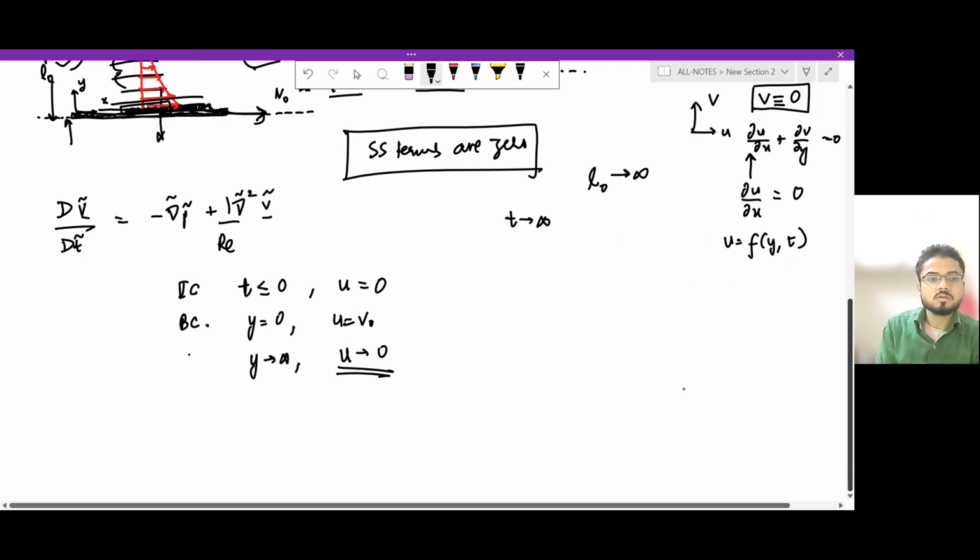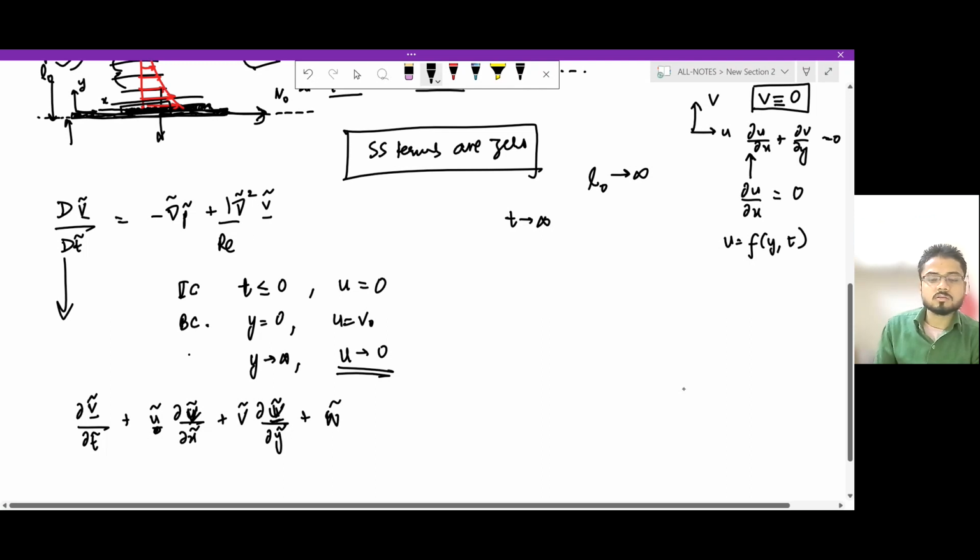And once you have this, let us now move on to the Navier-Stokes equation. So this can be written as del v tilde over del t tilde plus u vector dot del u over del y plus, let's write it as v vector right here, and the u, v vector.